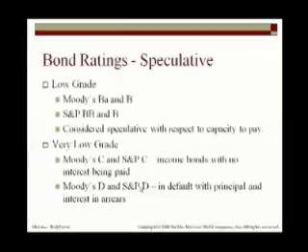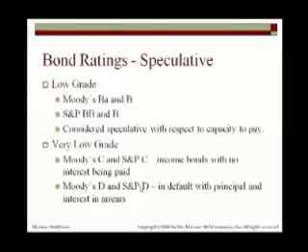Now, I want to say one thing about the bond ratings. Bond rating agencies have come under tremendous attack recently because of the great financial collapses we had, and the argument is that the rating agencies failed to do their jobs.